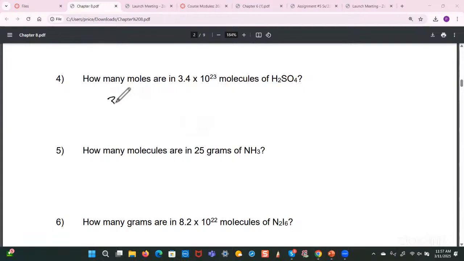Start off with 3.4 times 10 to the 23 molecules of H2SO4. So what would you multiply this by? What would go up top here? What would go below here?